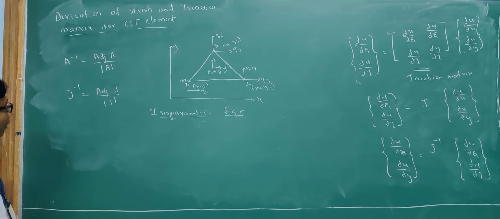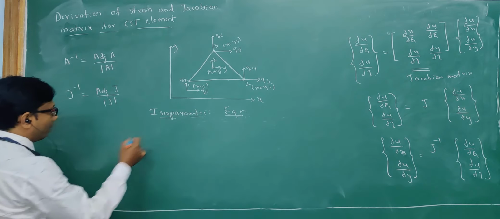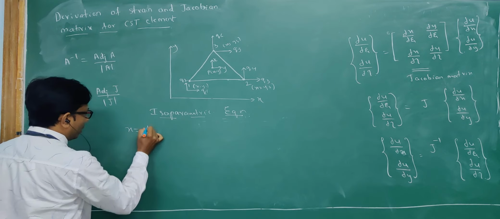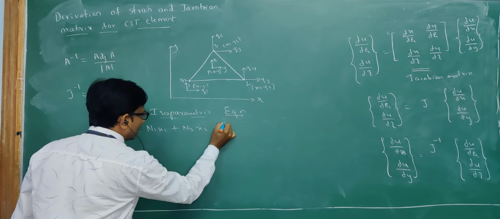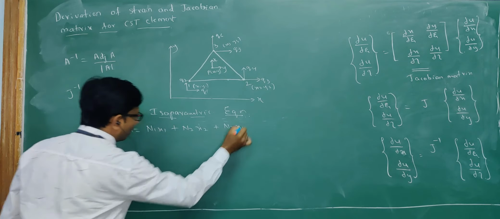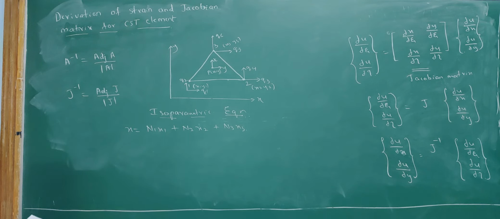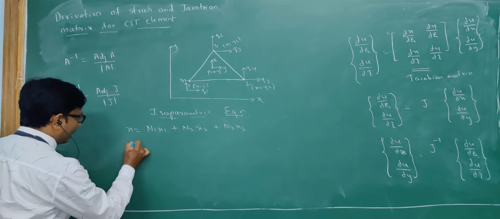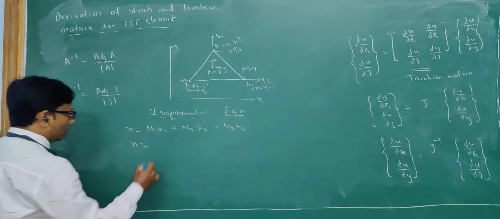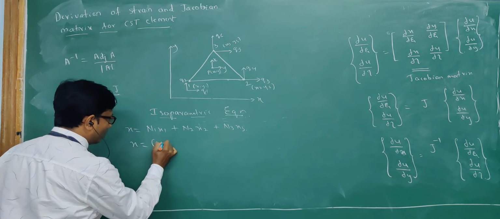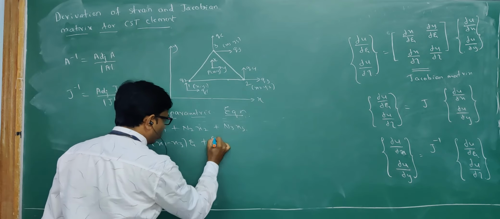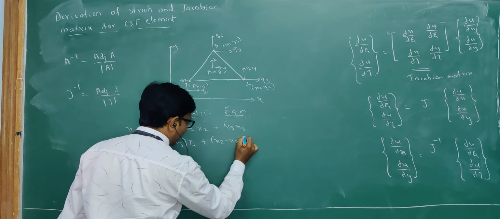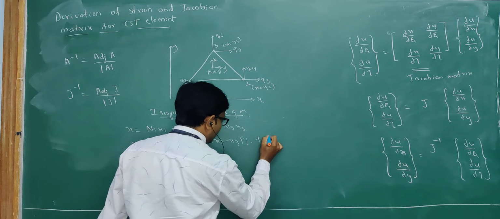We know from what we have already derived that x is nothing but N1 x1 plus N2 x2 plus N3 x3. If you substitute the value of the shape functions, you will get x equals x1 minus x3 times zeta plus x2 minus x3 times neta plus x3.